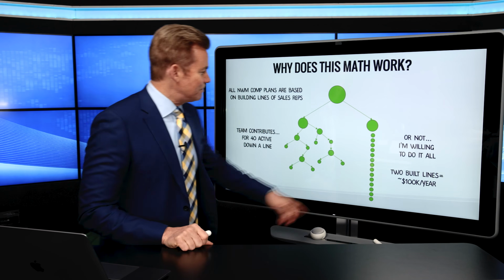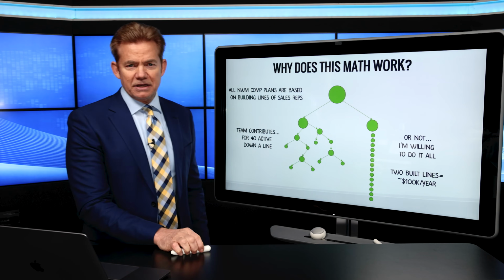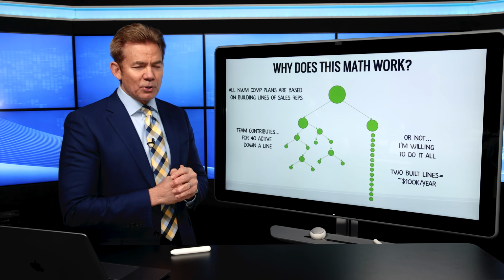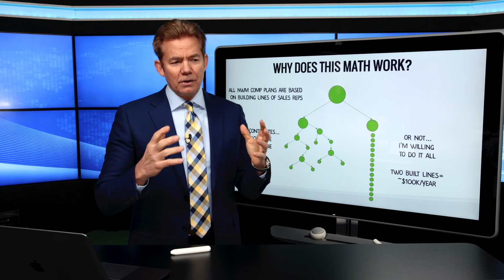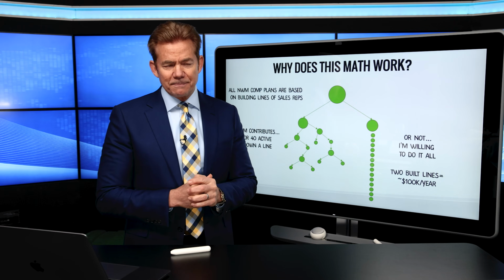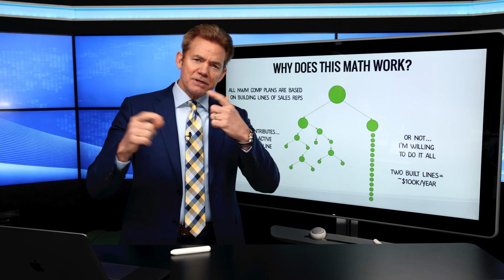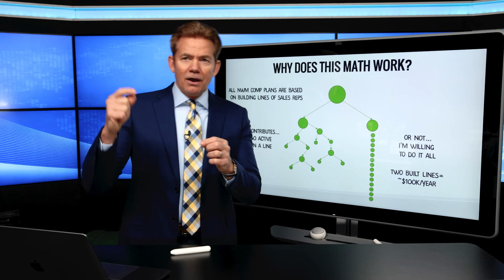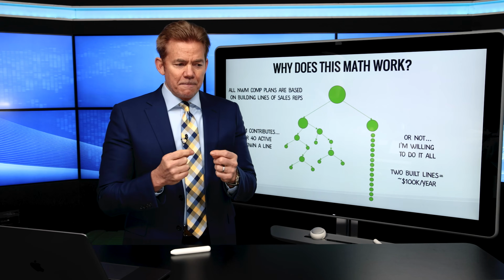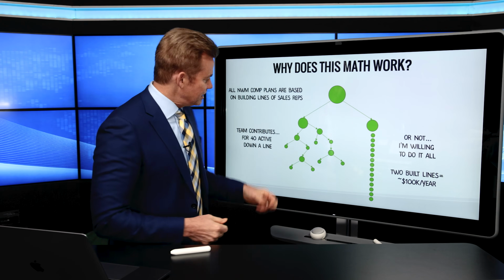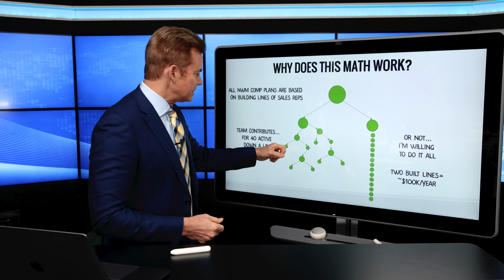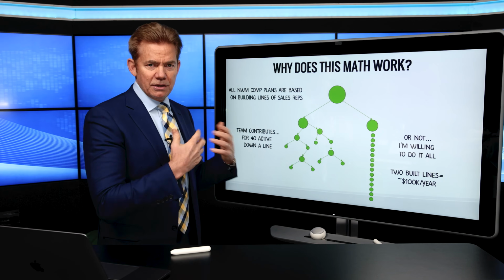All right. So build 2 lines, 100,000 a year. And I think that's pretty close to the comp plans that I've looked at. Maybe a little bit less. And a lot of times it's all messed up because there are all these different ways that you can earn. And so this person would have to earn a certain amount in order to get a bonus on it.